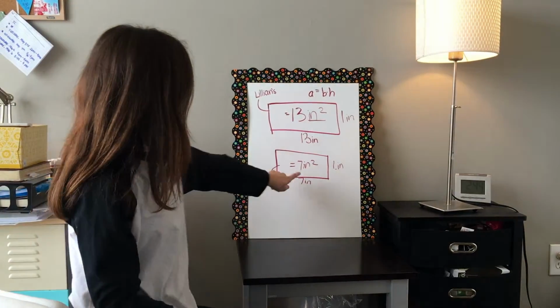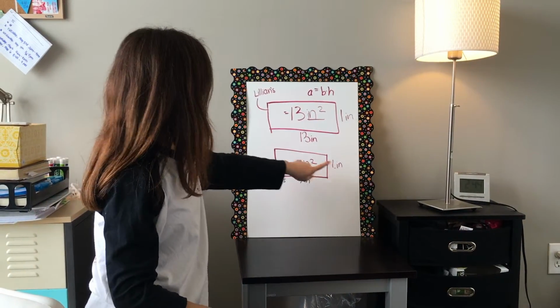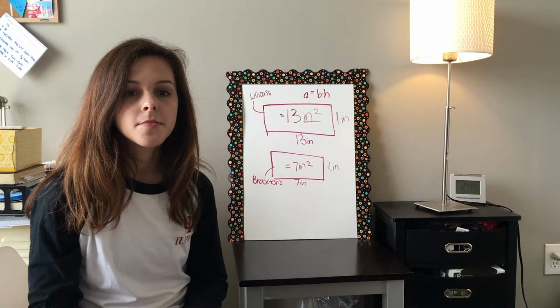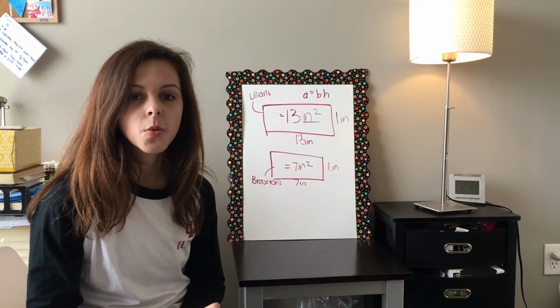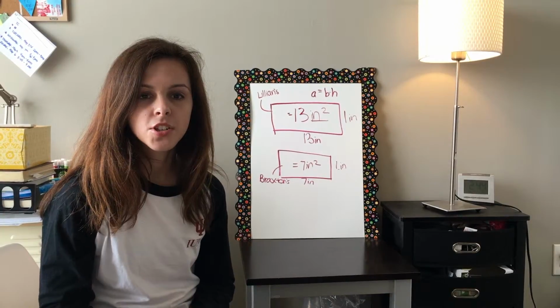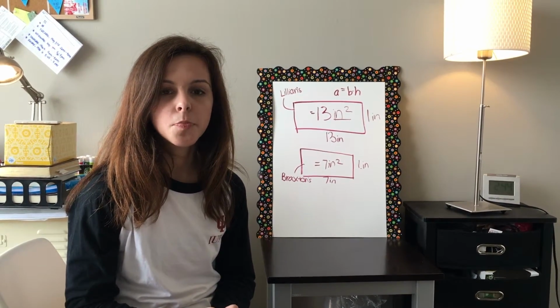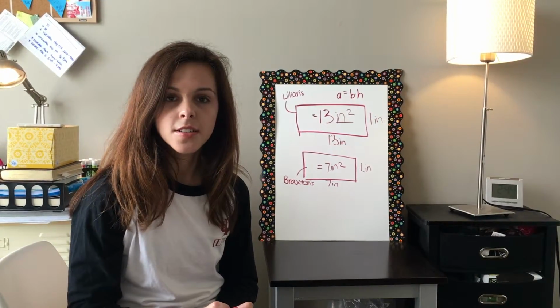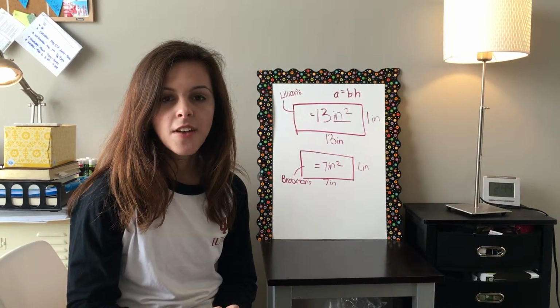And the other one is 7 inches times 1 inch, which is 7 inches squared. What does inches squared mean? It means that if we make a square, if I cut it out with construction paper, it's 1 inch by 1 inch. So how many squares will fit perfectly into that shape? That's finding area.